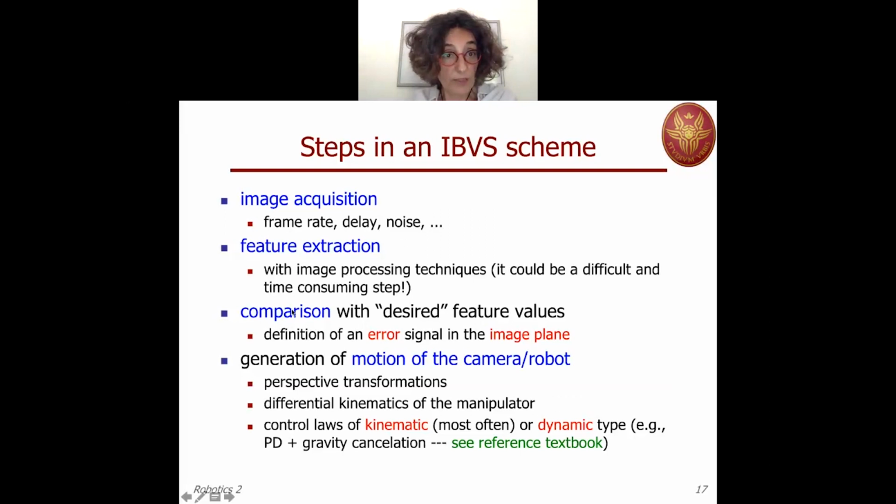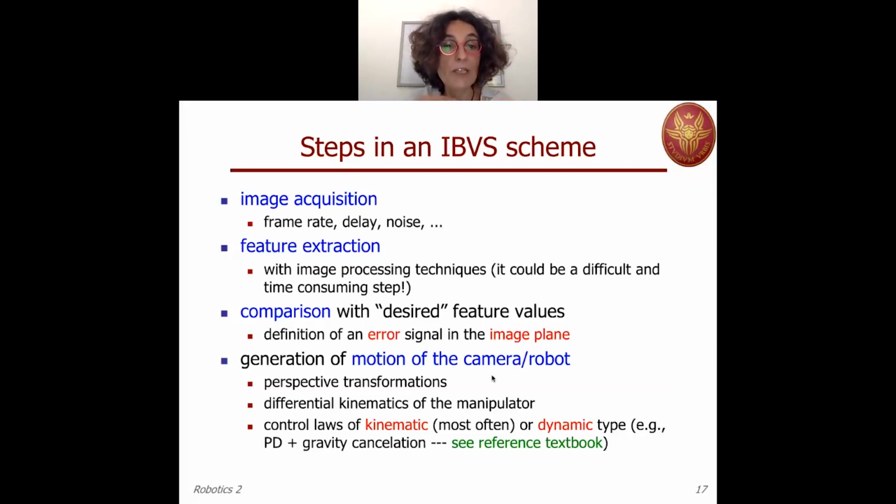Once we have these features, we compare them with desired values and compute the error in the image plane. Then, based on this error, we need to generate the motion of the camera or of the robot. In the eye-in-hand configuration, by generating the motion of the camera we are generating the motion of the robot, because it is the robot that moves the camera.